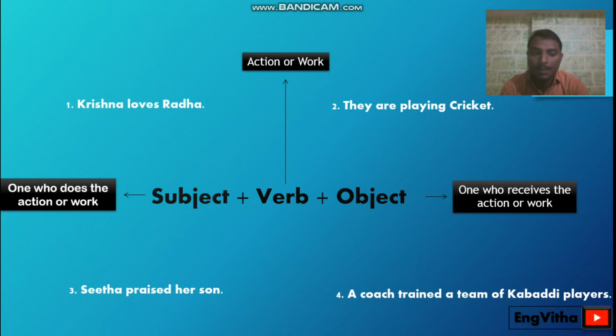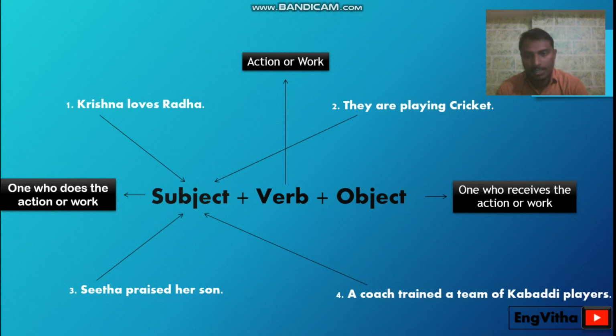A team of kabaddi players is the phrase which represents the object receiving an action from the subject coach, and that action is trained. So in these four sentences, this basic pattern of English is involved. These are the categories that we derived from these four sentences.